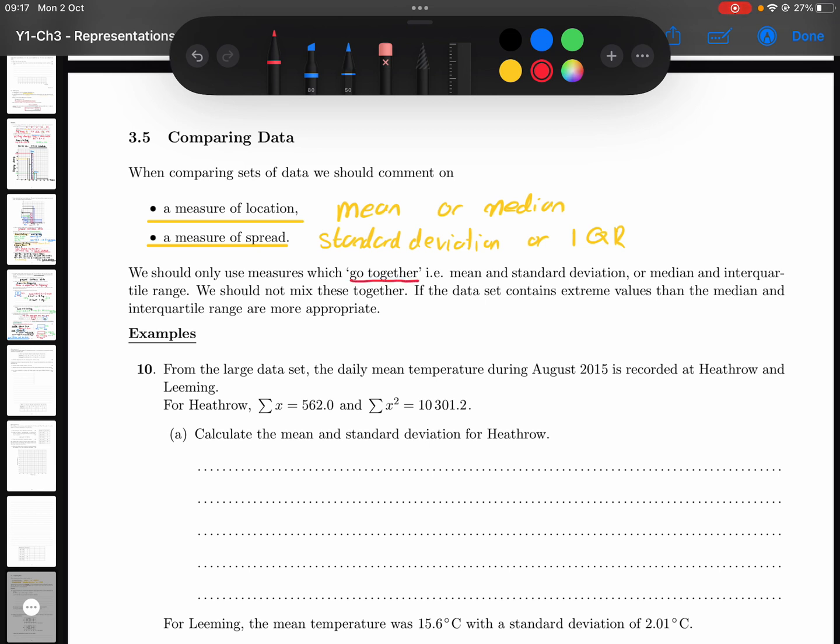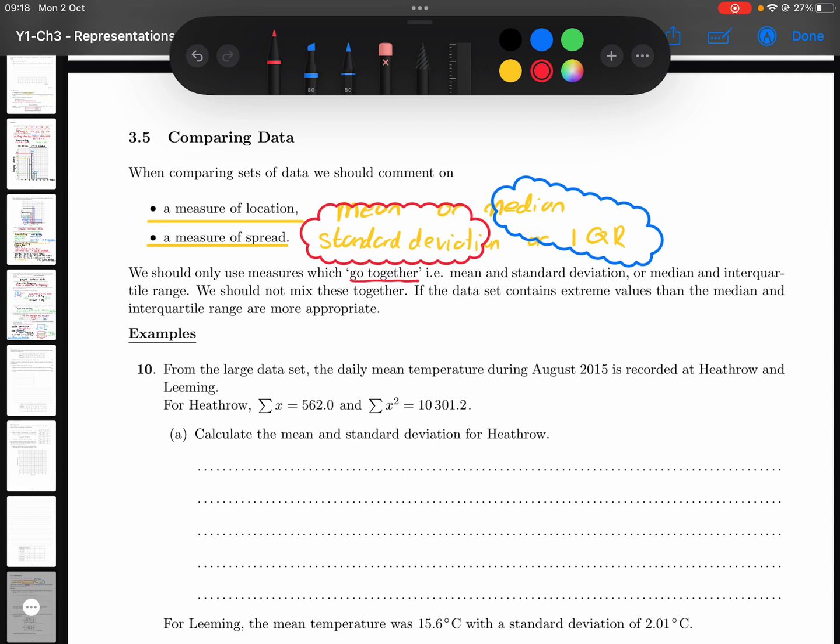I.e., we should be using the mean and standard deviation as a pair, or the median and interquartile range as a pair. We shouldn't mix these two together because they're trying to achieve different things.